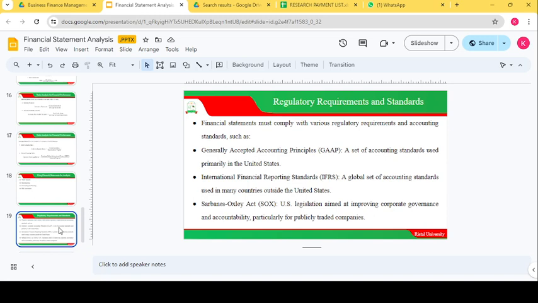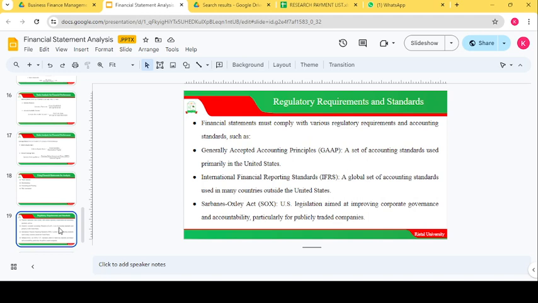So let's look at the regulatory requirements and standards in financial statements. These financial statements must comply with various regulatory requirements and accounting standards. Those accounting standards include Generally Accepted Accounting Principles, GAAP, the set of accounting standards used primarily in the United States.